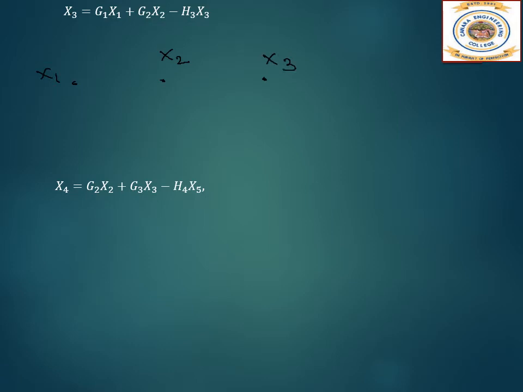Now x3 equals g1 x1, so from here it is a forward path, because it is going ahead, g1, plus g2 x2. So from here this is g2, arrow marks, be careful, minus h3 x3, so it is a self loop on the same node, so minus h3. So this is equation 2.